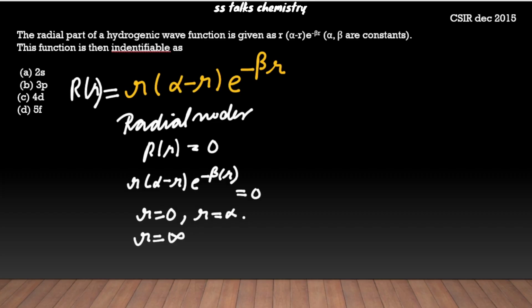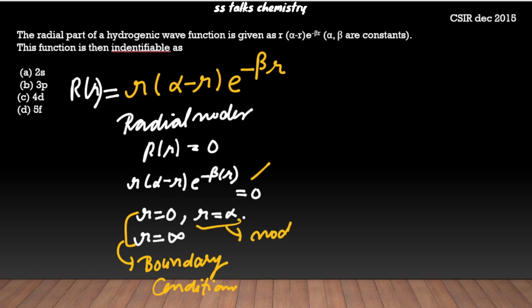These two conditions, r equal to 0 and r equal to infinity, are both boundary conditions only, whereas r equal to α represents the node position. That means when you keep r as α, the radial part of the wave function becomes 0 and we get a node there. So in the given wave function, one node is present, right?